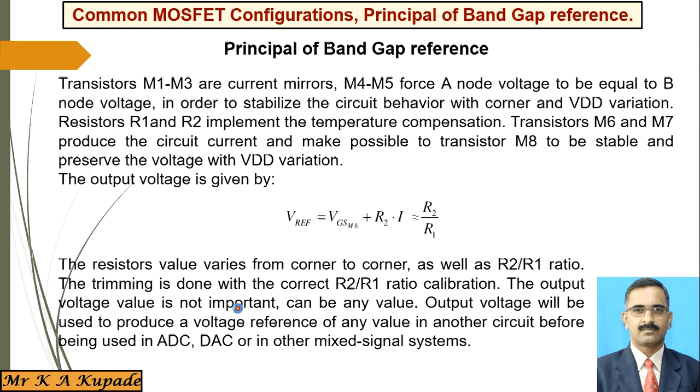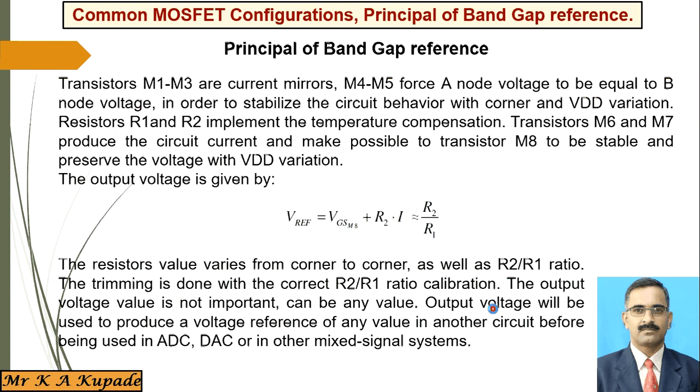Now the resistance values vary from corner to corner, and the ratio of R2 and R1 must also be maintained. So trimming is done by calibrating the R2 and R1 ratio. The output voltage reference value is not important; it can be any value.